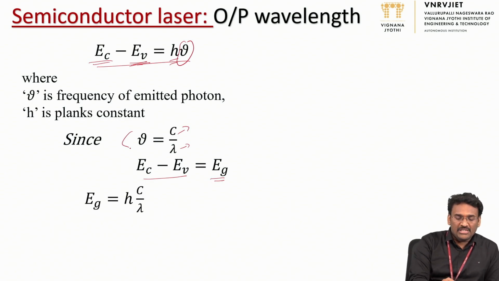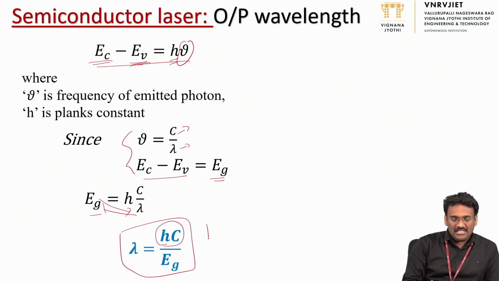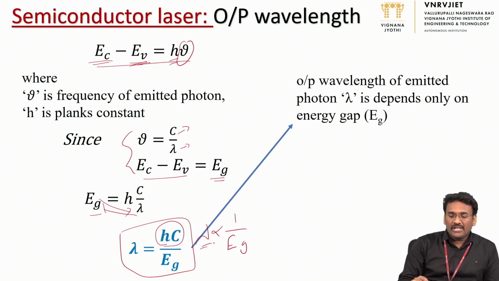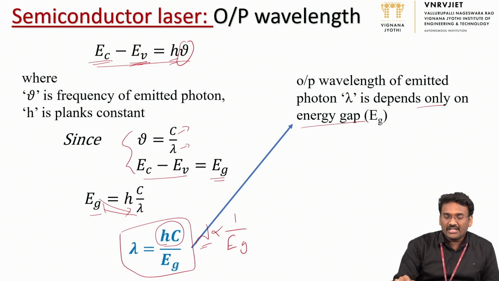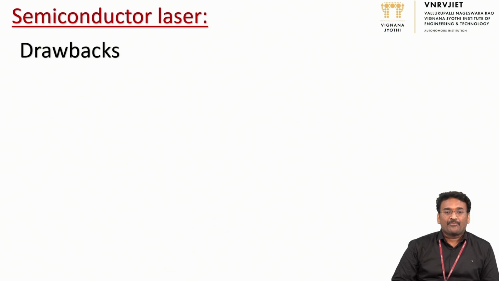By substituting these two things in the previous equation, Eg is equal to hc by lambda. Just rearrange the terms, take lambda this side and energy gap this side. You will get lambda is equal to hc by Eg. Here h and c are constants. So lambda is inversely proportional to the energy gap, which means the output wavelength depends only on the energy gap of a given semiconductor diode.